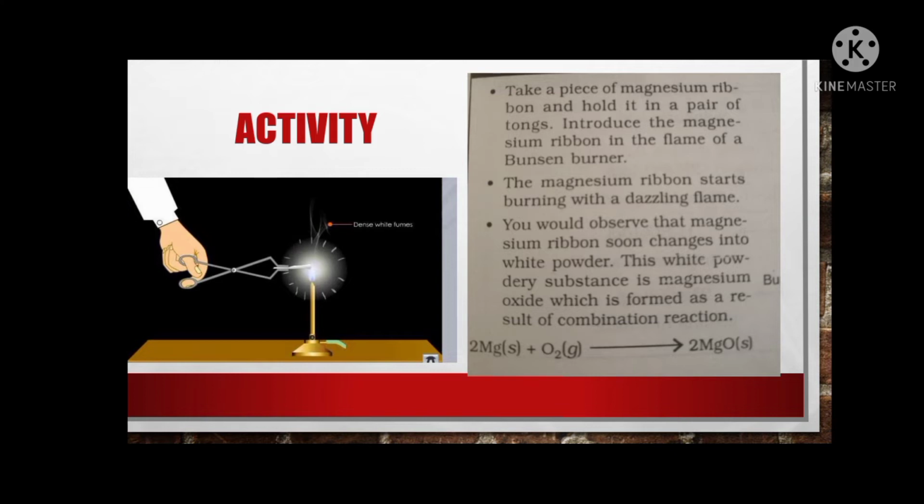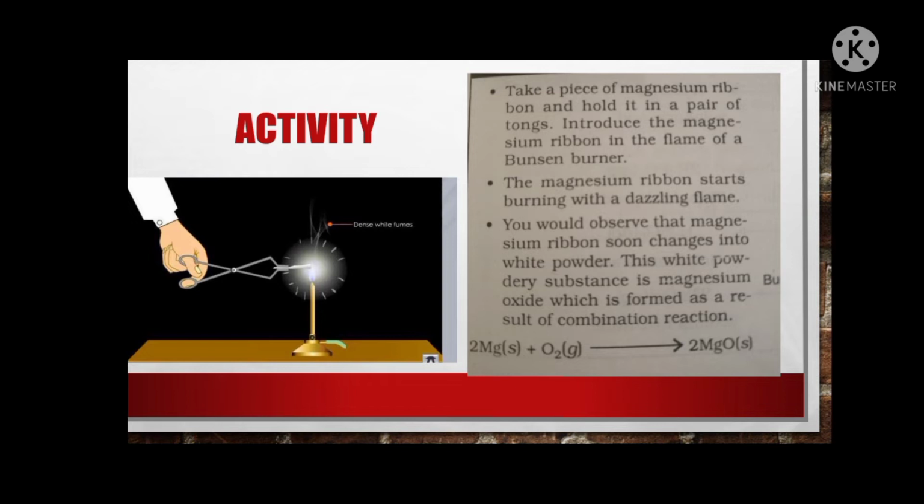To understand the combination reaction, you have to perform a very simple activity, which is given in your textbook. It is as follows: take a piece of magnesium ribbon and hold it in a pair of tongs. Introduce the magnesium ribbon into the flame of a Bunsen burner. The magnesium ribbon burns with a dazzling flame.